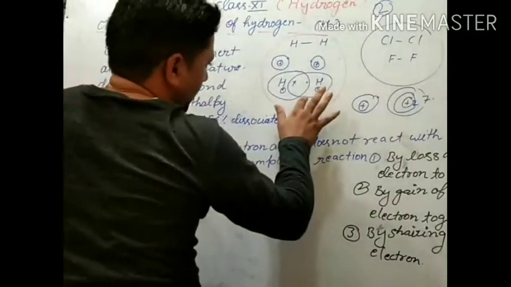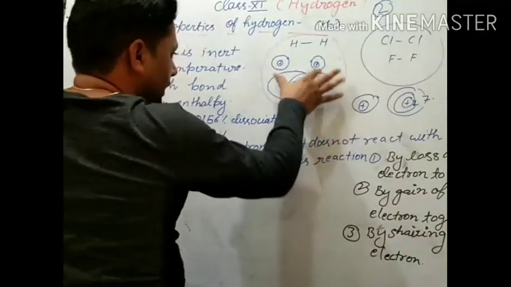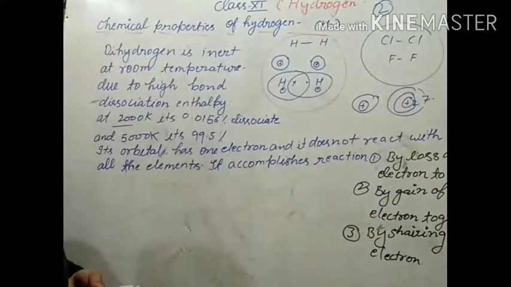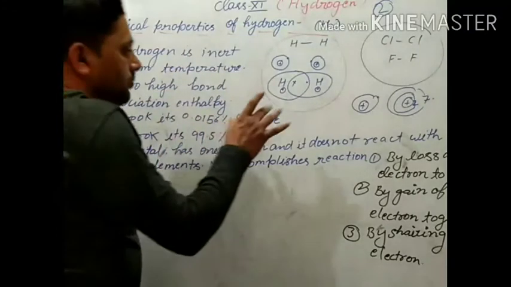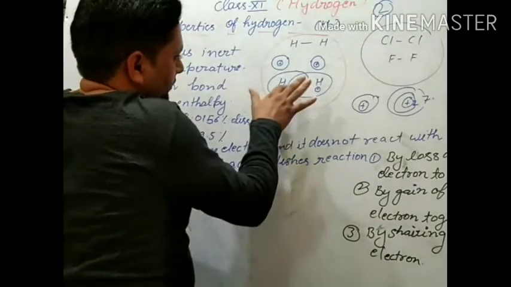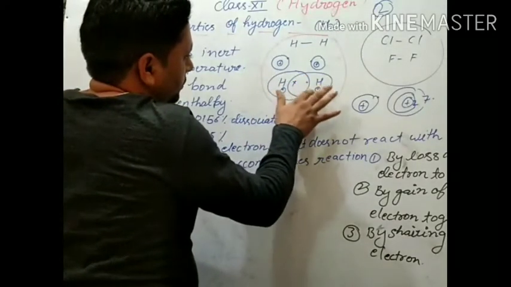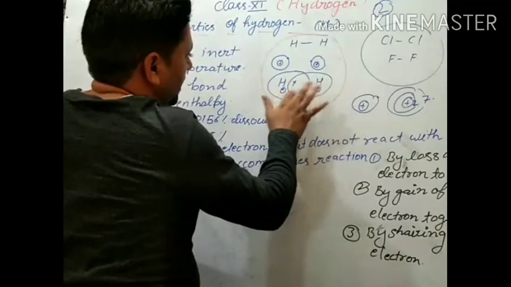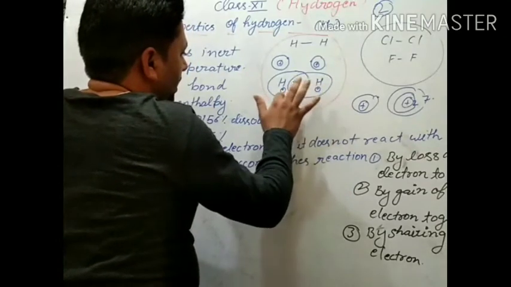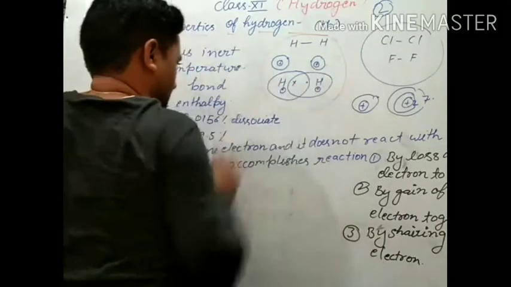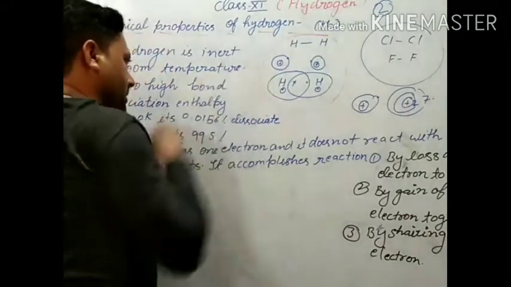What I want to tell you is that in hydrogen there is only one shell, containing one electron, and the bond is formed due to the attraction of the electron to the proton and the proton to the electron.